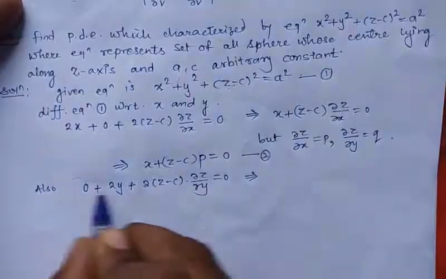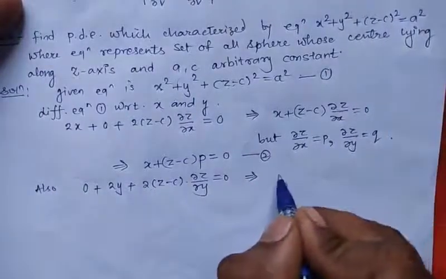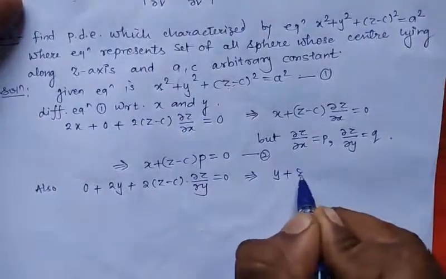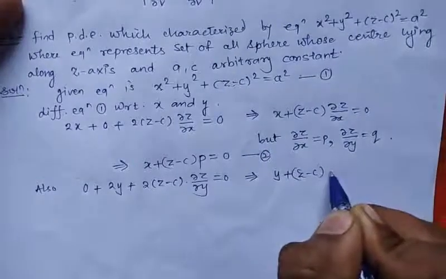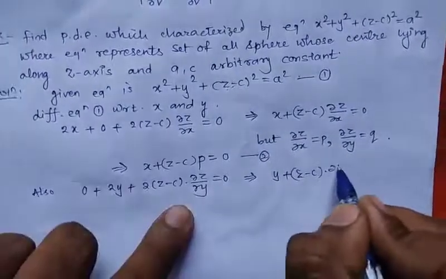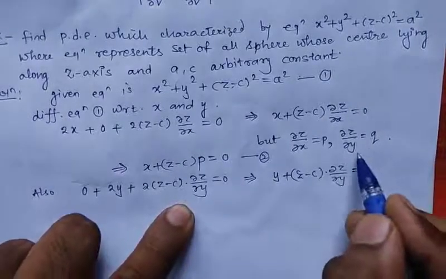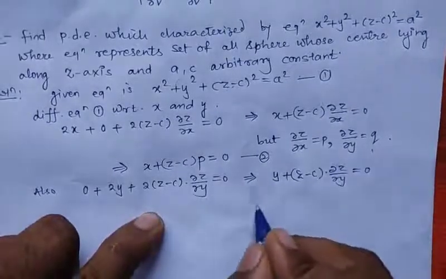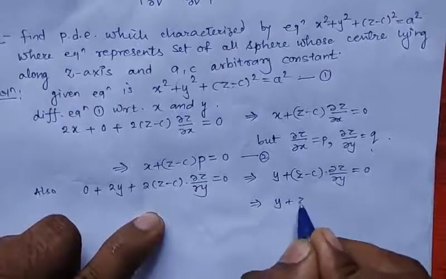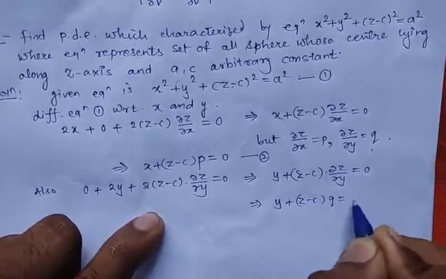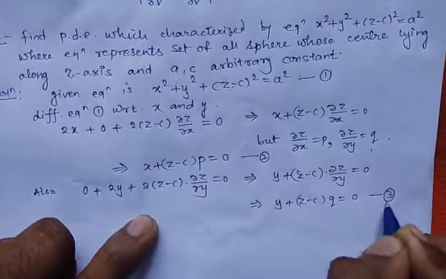Dividing both sides by 2 we get y plus (z minus c) into ∂z/∂y is equal to 0. But the value of ∂z/∂y is q, so y plus (z minus c) into q is equal to 0. Call this equation number 3.